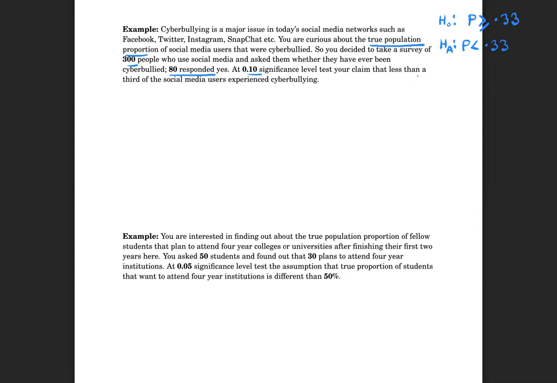One thing you need to remember: the null hypothesis always includes the equality sign.